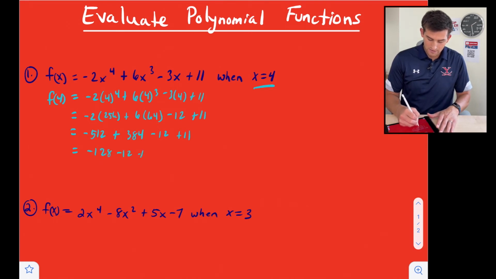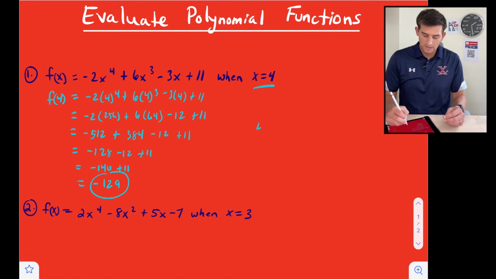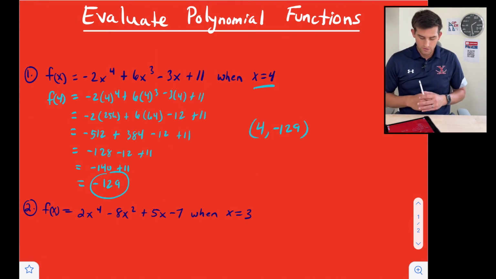And then we have minus 12 plus 11. So I'm going to subtract 12, and we get negative 140, and then plus 11, and we get a final answer of negative 129. So we evaluated the function when x was 4, y is negative 129. We could say 4 comma negative 129.